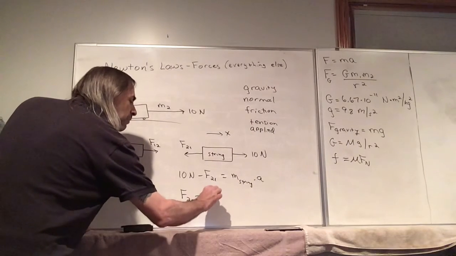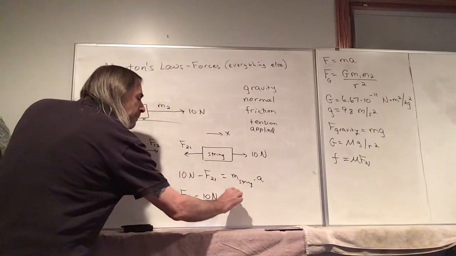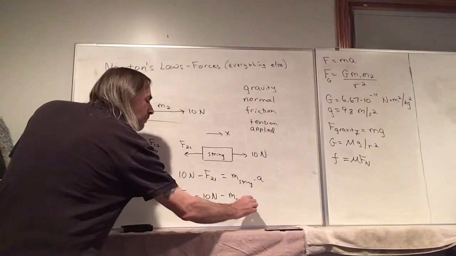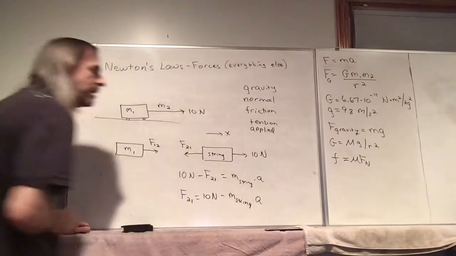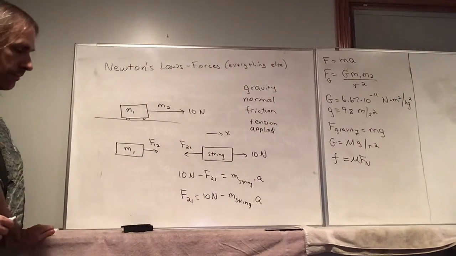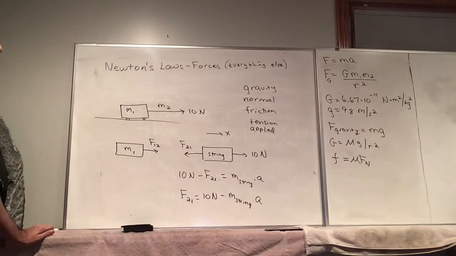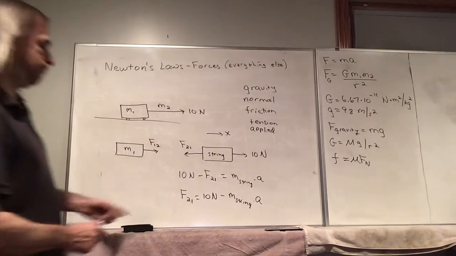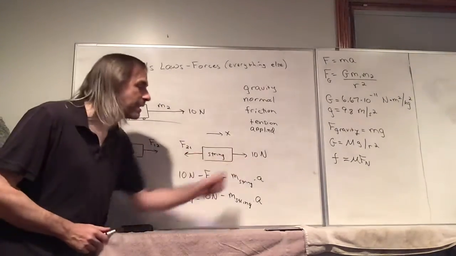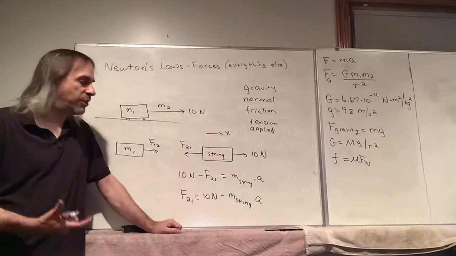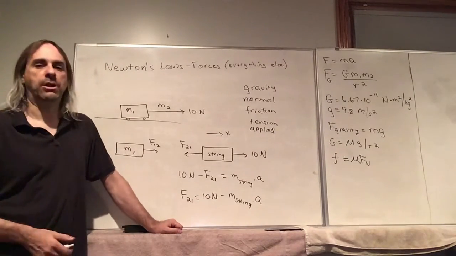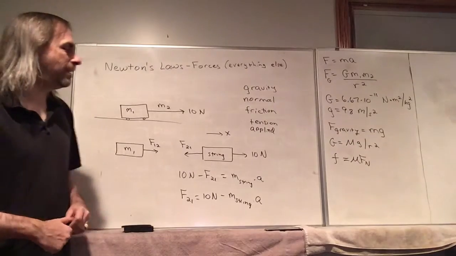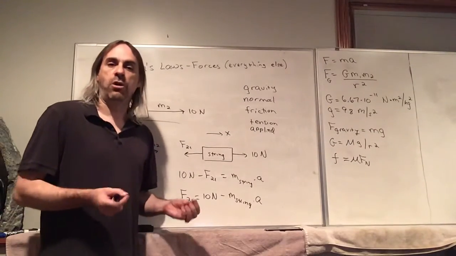we get 10 newtons minus the mass of the string times the acceleration of the string. And here, yeah, so this force will be a little less than 10 newtons. How much less? Basically 0. Because a string is actually a very, very strong thing.